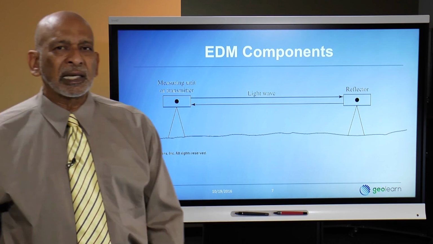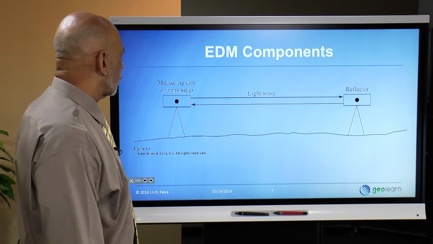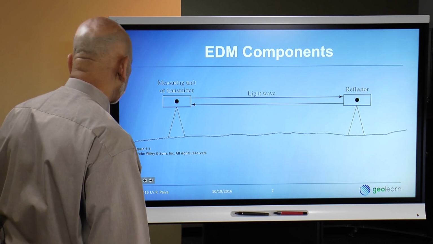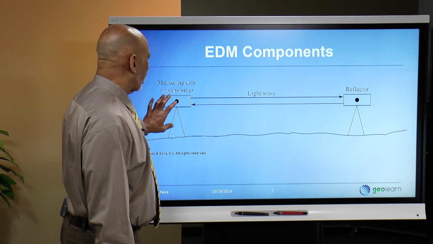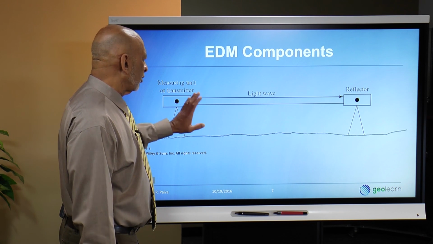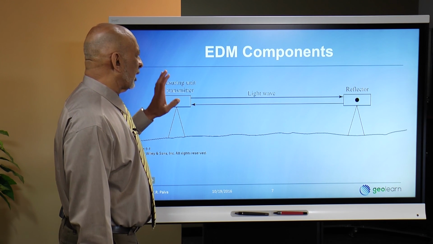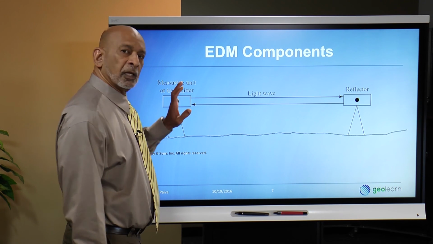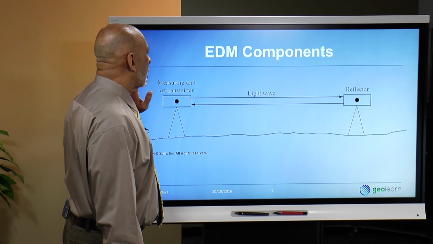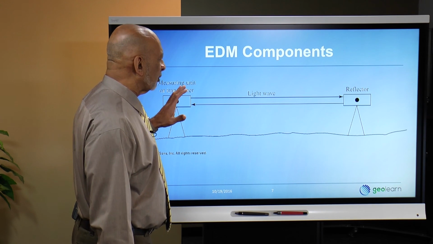So here are some of the EDM components that I'm showing in this slide. You essentially have what's called the measuring unit, the EDM, or the transmitter. It sends out a light wave, and I probably should say electromagnetic radiation, because it could be microwaves, and we'll talk about that a little bit more.